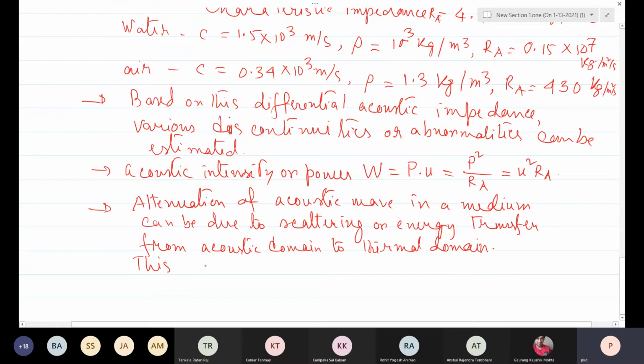So instead of discussing the cause of this attenuation, we can simply take it as an attenuation factor and the attenuation coefficient.